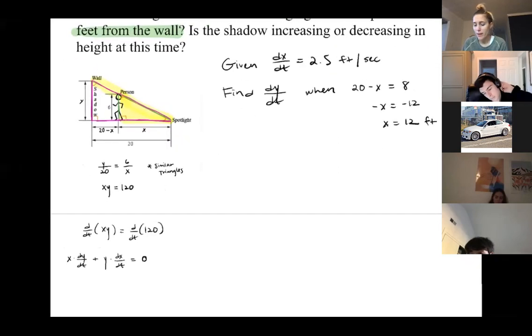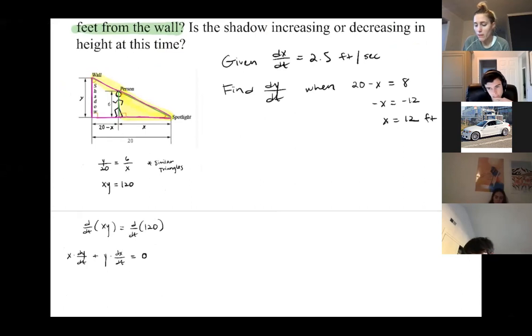And after we find the derivative, we can look at the values that we can plug in. So dx over dt is 2.5. x is equal to 12.